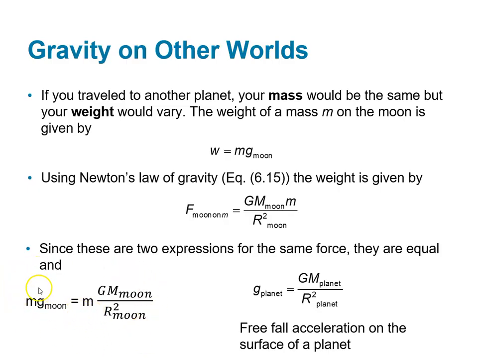So these 2 things must also be equal, as I've shown down here. Now notice then that mass cancels out, and so the gravity on the moon or any planet is equal to the universal gravitation constant times the mass of the planet divided by the radius of the planet squared. So that's a formula that you can use to calculate the acceleration due to gravity on any planet.